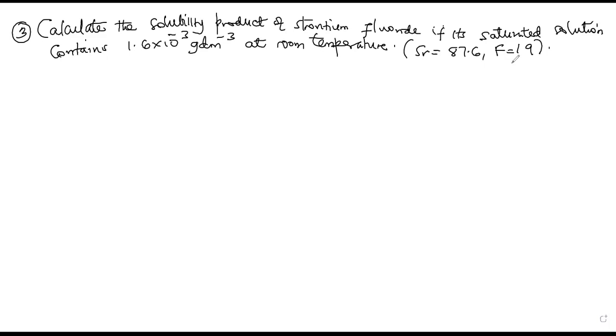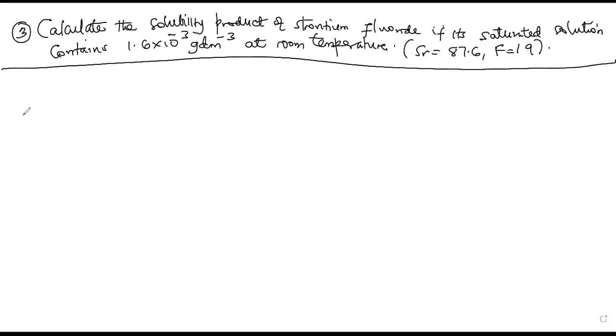Now they need KSP. In all other cases, they have always given us that, but in this case, it's what we are looking for. Now, the first thing still is to write the equation.